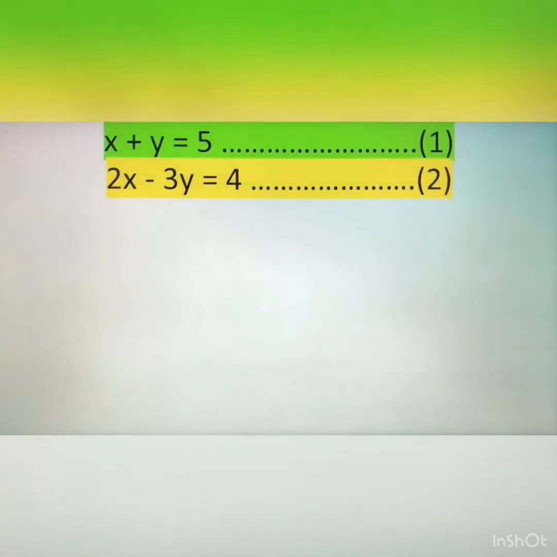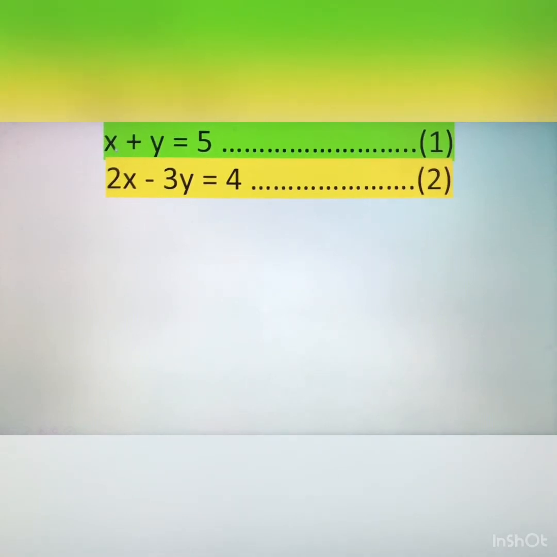So now dear, let us understand with an example. Let's take two equations: x plus y equal to 5. This is equation number 1st, and 2x minus 3y equal to 4. This is equation number 2nd. So first of all, we will observe here the coefficients of x and y.